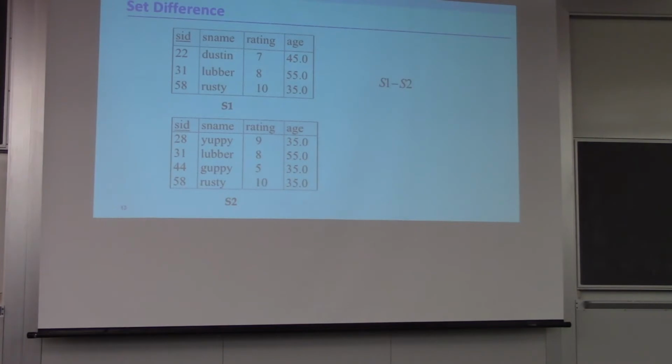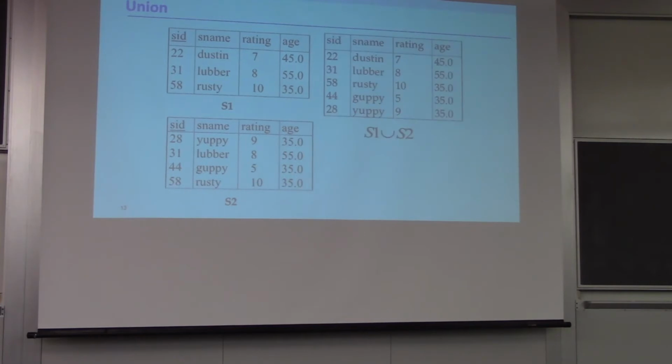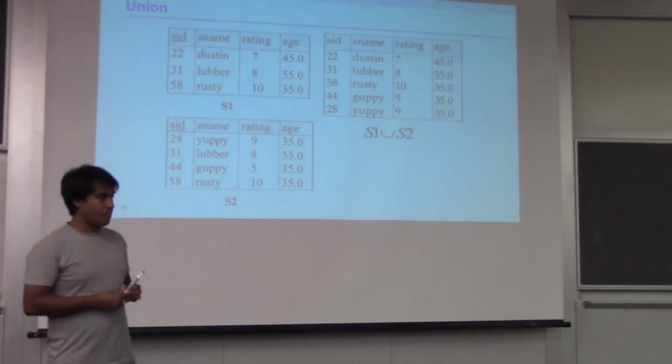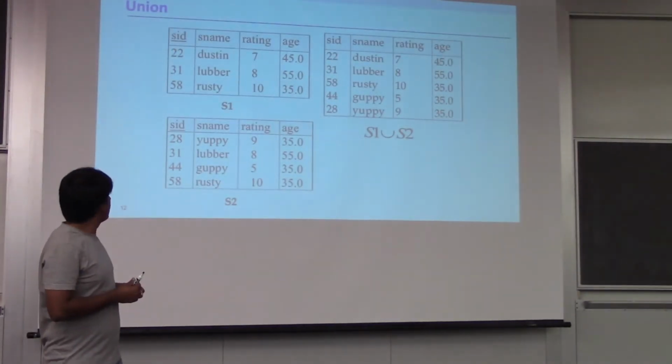Now let's talk about the set difference. Yeah. So when you do the deduplication, because I guess in relational algebra, does it still have a concept of a key? Like if you had, say, in S1, 31, instead of being Lover, it was, I don't know, Other or something like that, would there be two rows with SID 31 in S1 union S2?